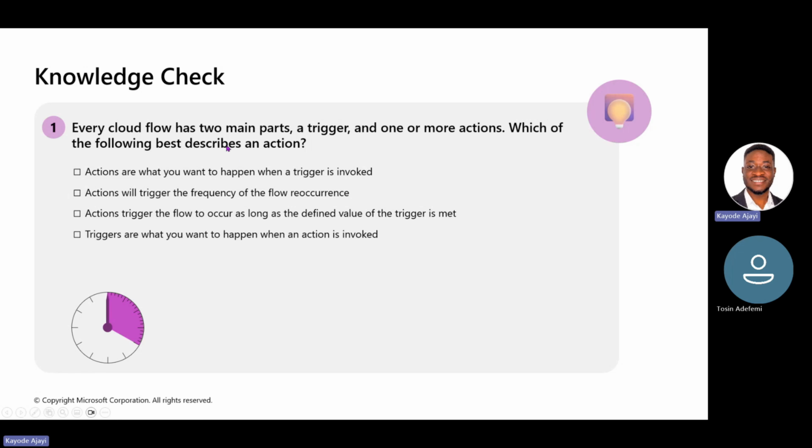Every cloud flow has two main parts, a trigger and one or more actions. Which of the following best describes an action?